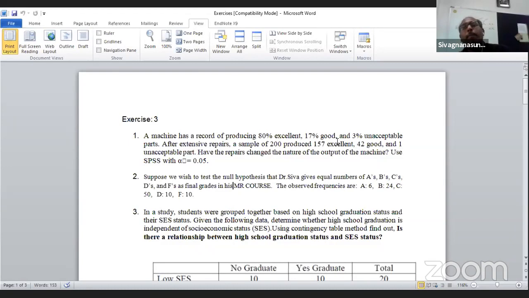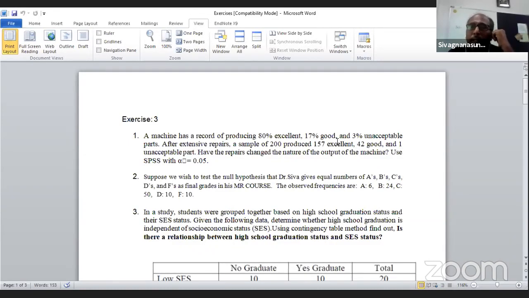Then if you code good as 2, there will be 42 rows of 2. And if you code the unacceptable part as 3, there will be 1 row containing 3. So totally in your data set there will be 200 rows, of which 157 rows are 1, 42 rows are 2, and just 1 row is 3. This is how your data set is supposed to be.